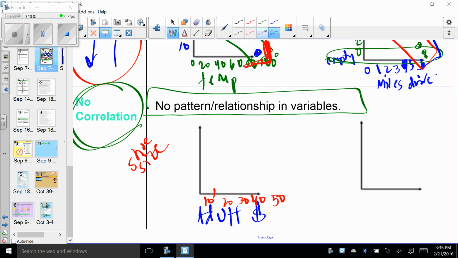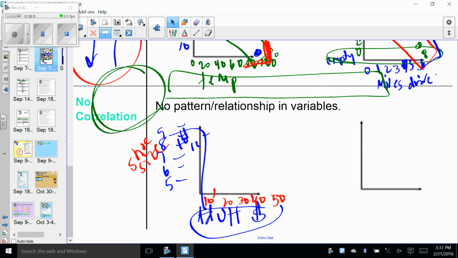Now, some people could argue and say, well, little tiny kids have tiny feet and they don't make any money. But in general, is there a relationship between how much money you make and your shoe size, 5, 6, 7, 8, 9, 10, 11, and so on? Is there a direct connection between those two things?